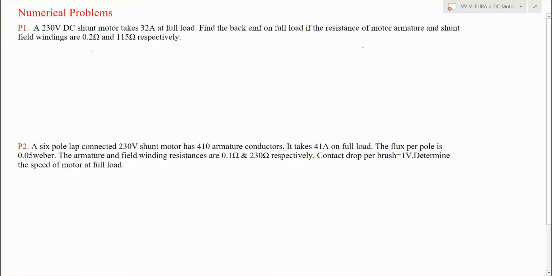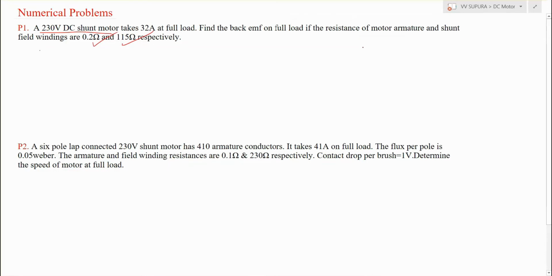Now let's solve problems on back EMF. There are two problems here. The first one: a 230 volts DC shunt motor takes 32 amperes at full load. Find the back EMF on full load if the resistances of the motor armature and shunt field windings are 0.2 ohms and 115 ohms respectively.